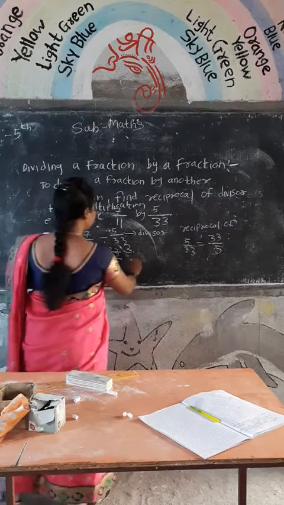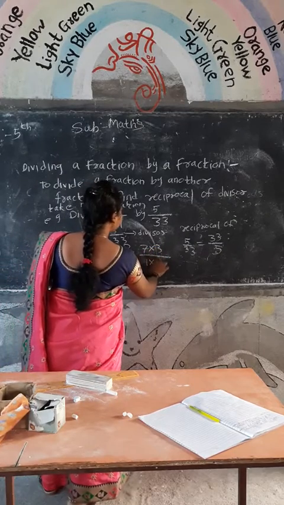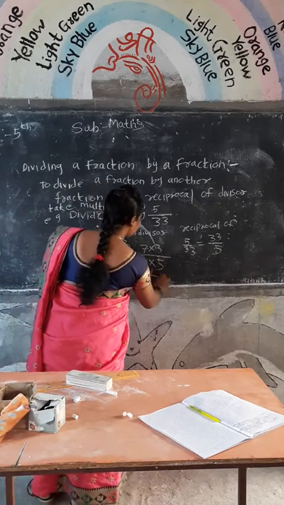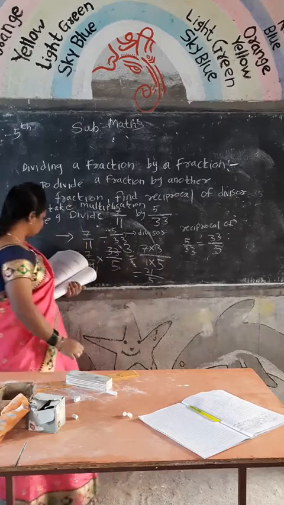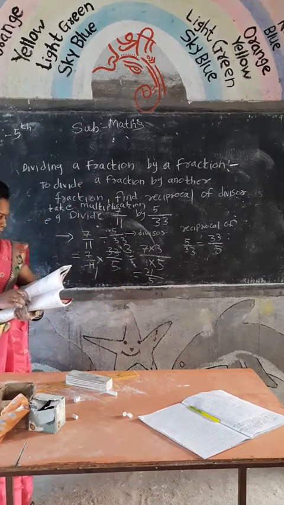Multiplying numerators, 7 multiplied with 3 and 1 multiplied with 5, we get 7 threes are 21 upon 5. This is the final answer.